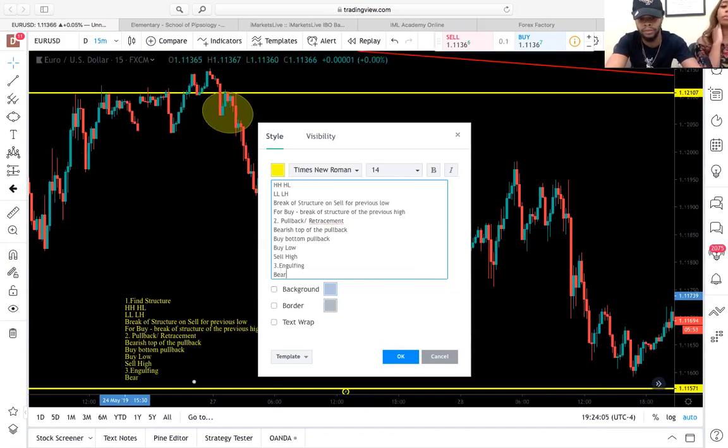Engulfing, bearish or bullish, depending on the trend or on the sell or buy, or your analysis from the higher time frames.